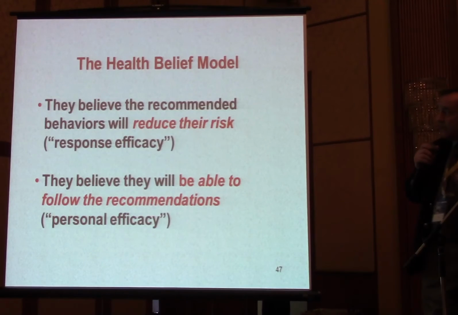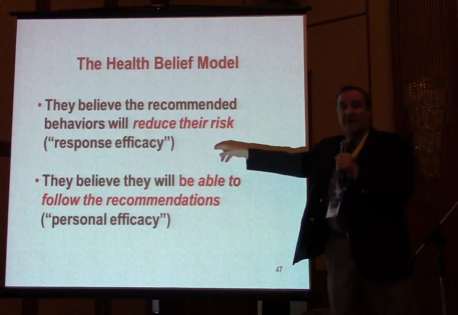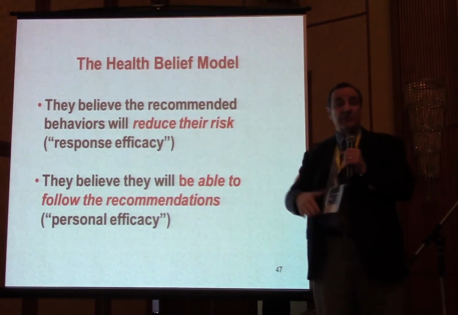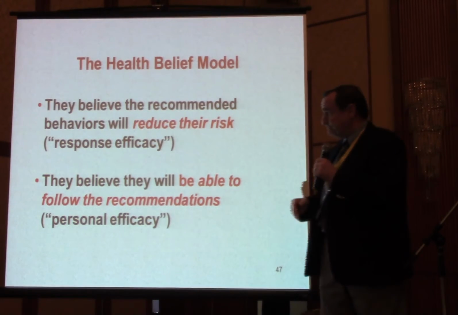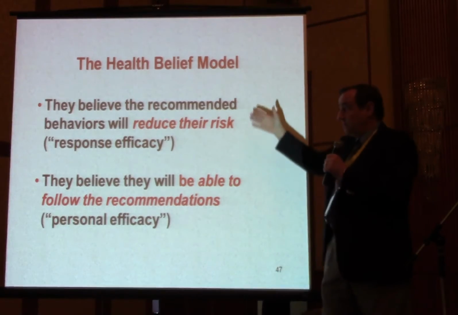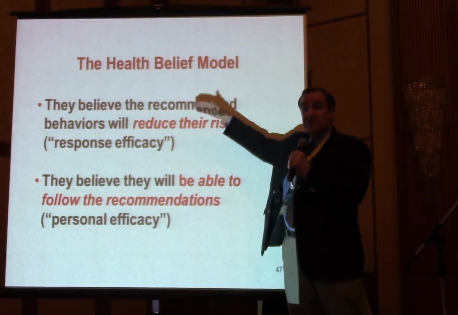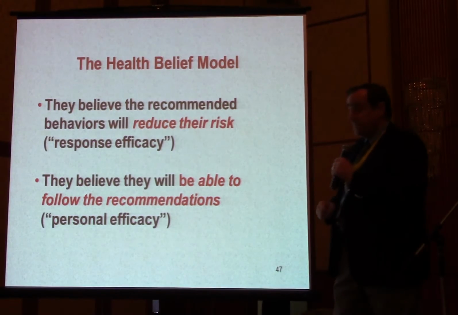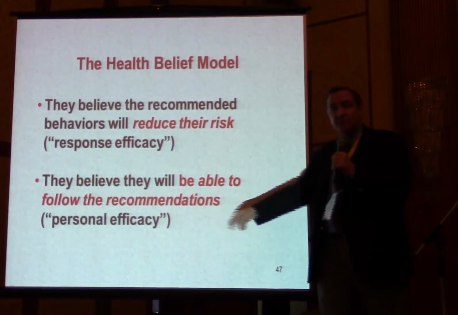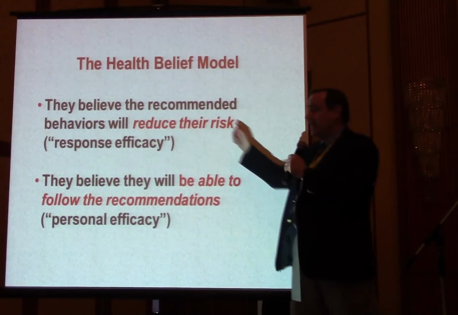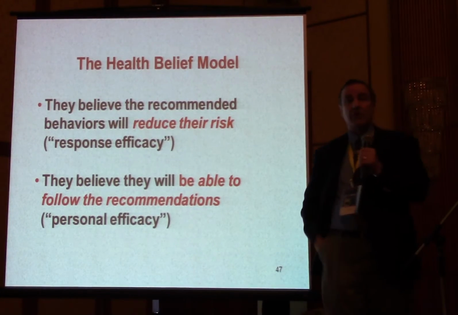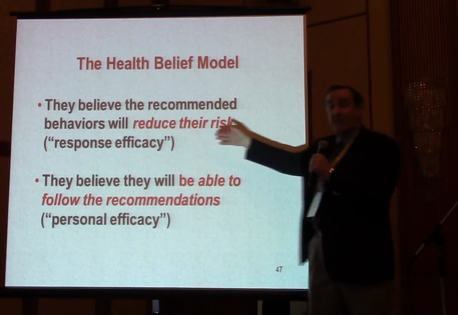And then you have to persuade them with what is called response efficacy. If you do the things in this handout, the risk will be reduced. You need to be credible here. You need to say this is the information, why it works, this is the experience of having it. But the last part of this, personal efficacy, is you have to persuade the person that they really can follow the response that you are recommending.